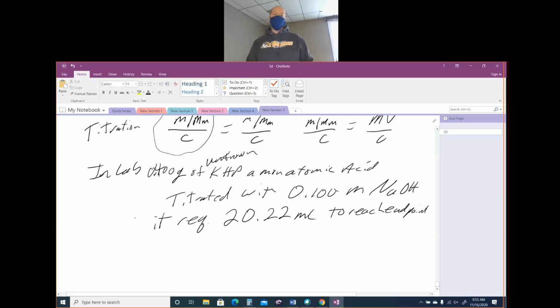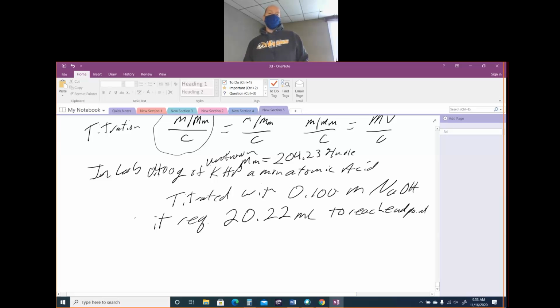Now, KHP molar mass is given: 204.23 grams per mole. That is an organic acid. It is not potassium hydrogen phosphorus. It is potassium hydrogen phthalate, which is an organic compound. So it gives you the molar mass.